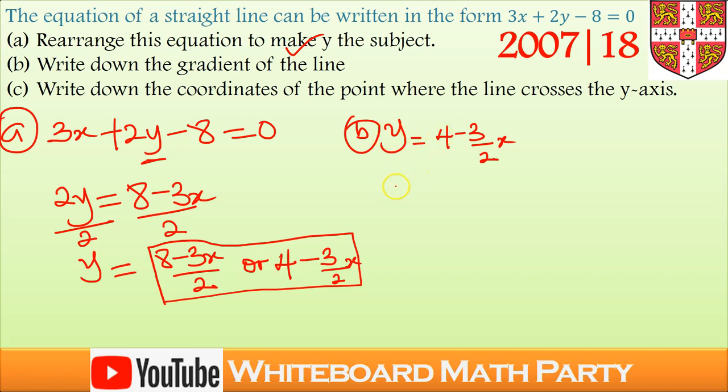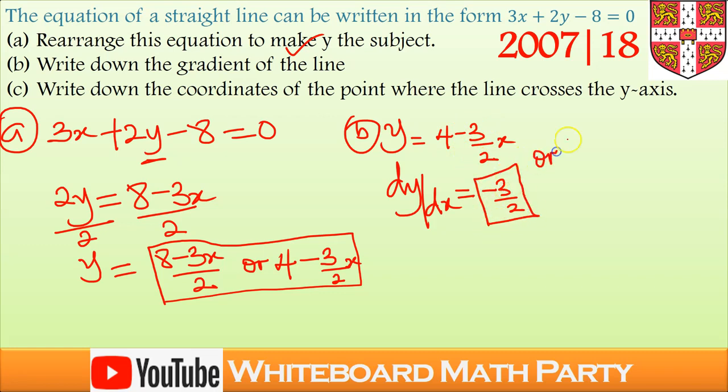One is to differentiate, by looking for dy/dx of this function on our right-hand side, and if we differentiate this, we end up with negative 3 over 2, because the differentiation of a constant gives us 0, while where the power of x is just 1, we are left with the coefficient. So this is the gradient. This is one way to solve it.